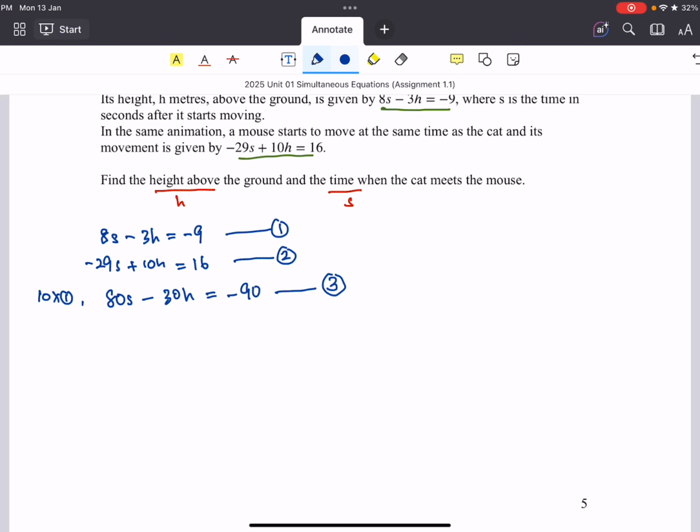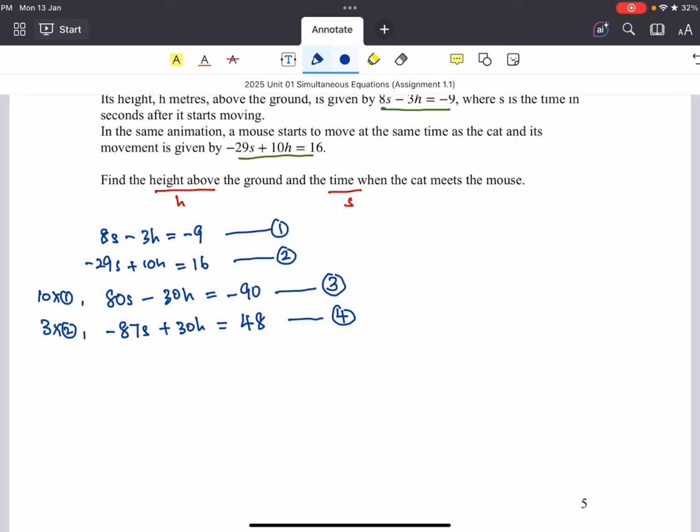Then we're going to take 3 times equation 2. That will be negative 29 times 3, which is negative 87s, plus 30h equals 48. Let's call this equation 4, right?